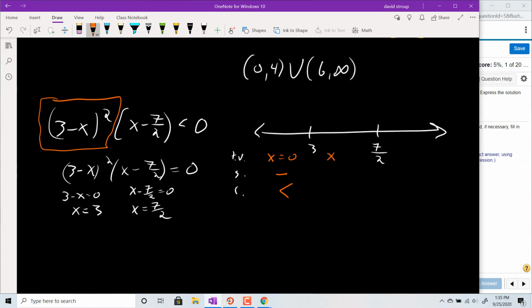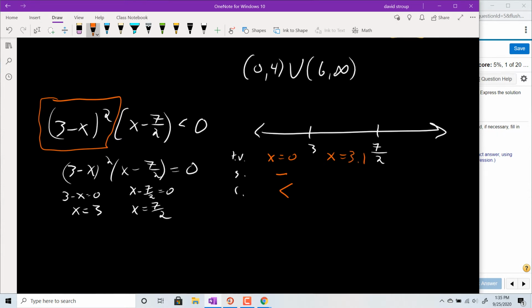Okay. Try x is 4. That first term will always be positive. And the second term is going to be 8 halves, it's 4. Sorry, that is not in between 3 and 7. So 7 halves is 3.5, so I can't use 4. I have to use something like 3.1.